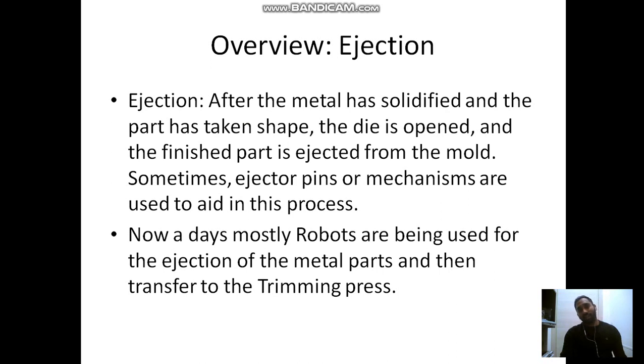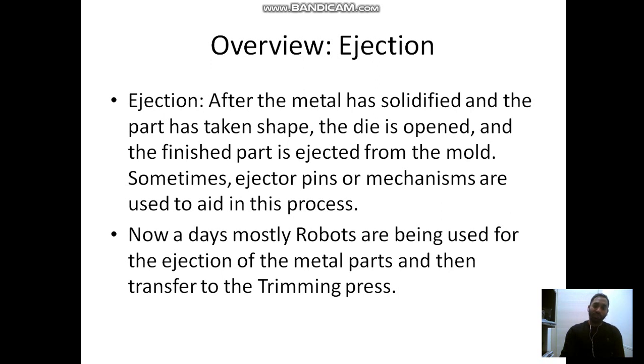After the metal has solidified and the part has taken the shape, the die is opened and the finished part is ejected from the mold. Sometimes ejector pins or some mechanisms are used to aid in this process.